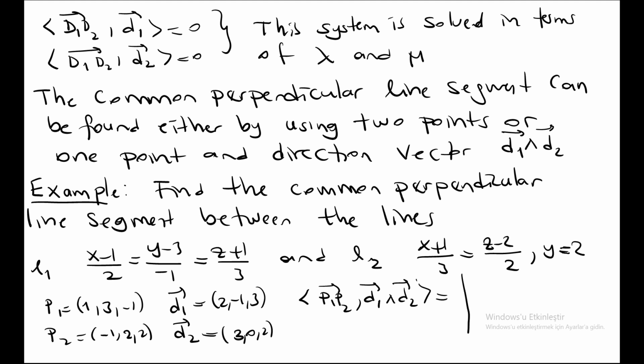So this determinant has P1P2 as negative 2, negative 1, and 3, then D1 is 2, negative 1, 3, and the last one, 3, 0, 2.